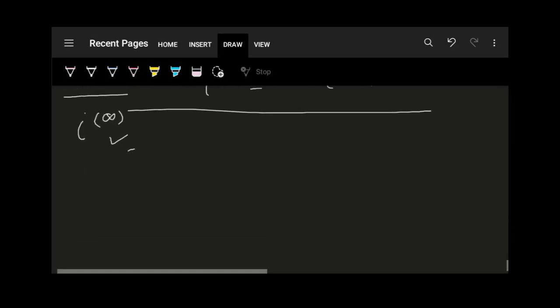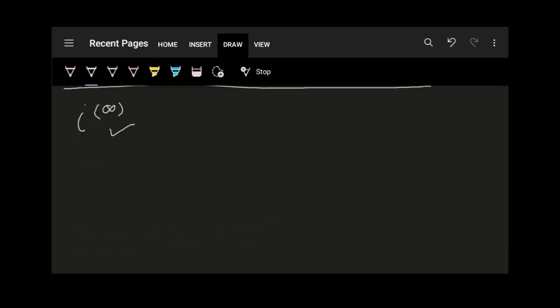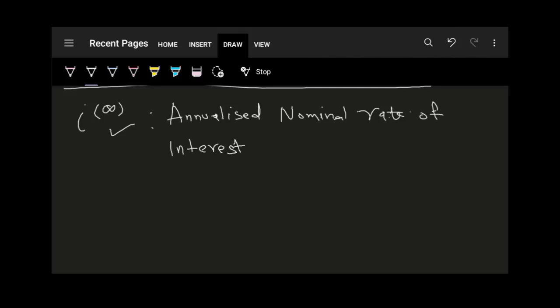So I infinity means an annualized nominal rate of interest compounded continuously. So what does this mean?